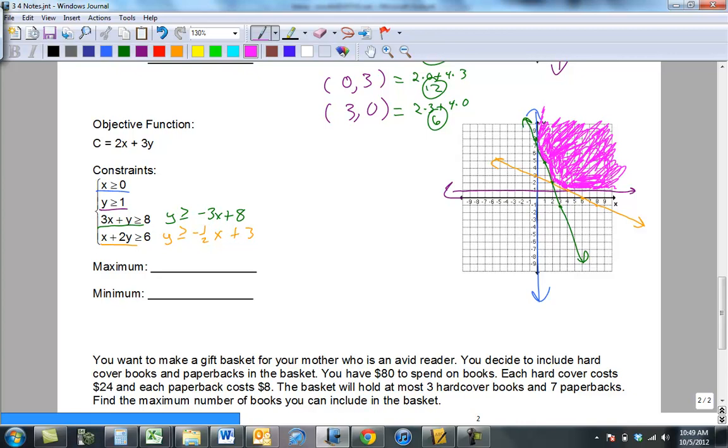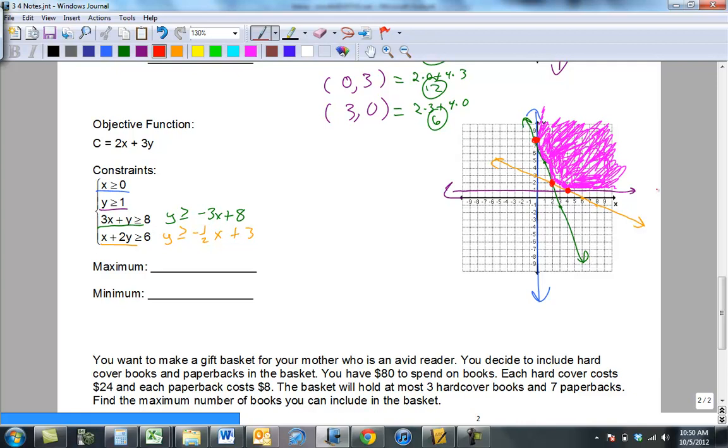So how many vertices does this have? Well, look at the blue line. The blue line comes down and intersects right here at (0, 8). Then it comes down this way to this intersection point, where the orange and the purple intersect, and then it goes on forever that way.